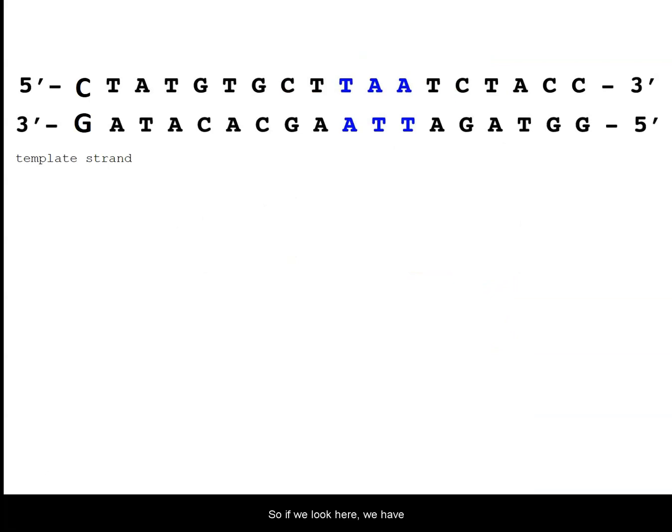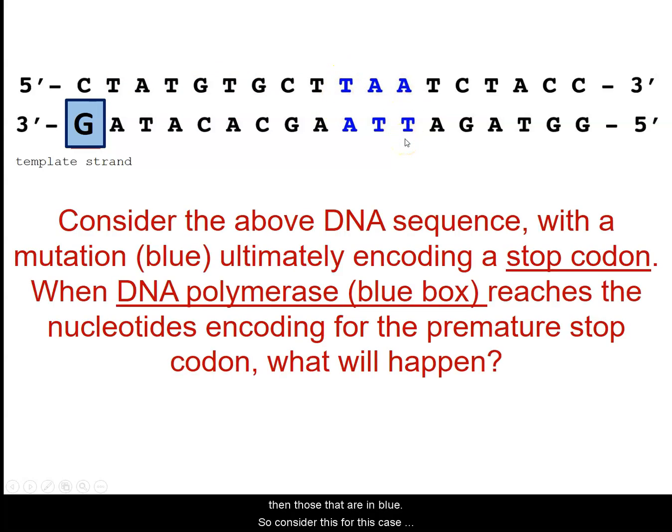So if we look here, we have a strand of DNA. You can see it's double-stranded because you have a 5' and a 3' end in a series of letters. So what we have here are a series of letters in black, which mean we're not going to pay attention to them, and then those that are in blue. So consider this. And for this case study, I'm not going to tell you the answers right now.